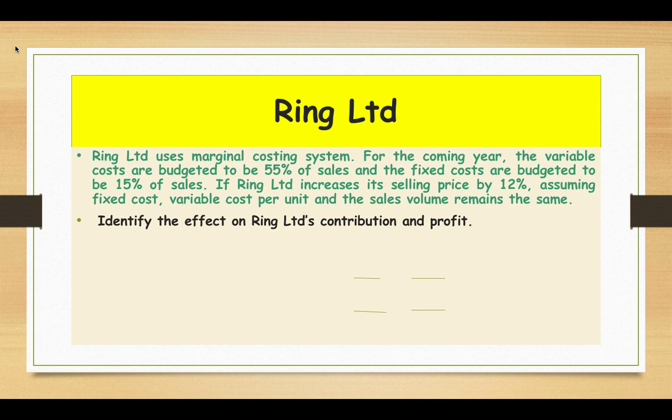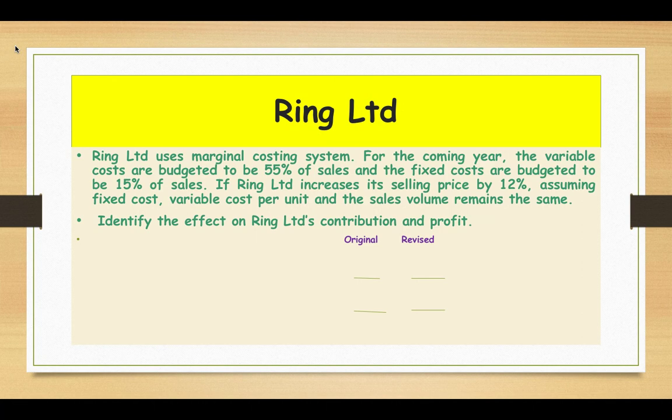So first we need to understand the question here. If they say identify the effect, that means after the increase in selling price, we need to say what will happen to the contribution and the profit. So we'll use a simple example. We'll have two columns.